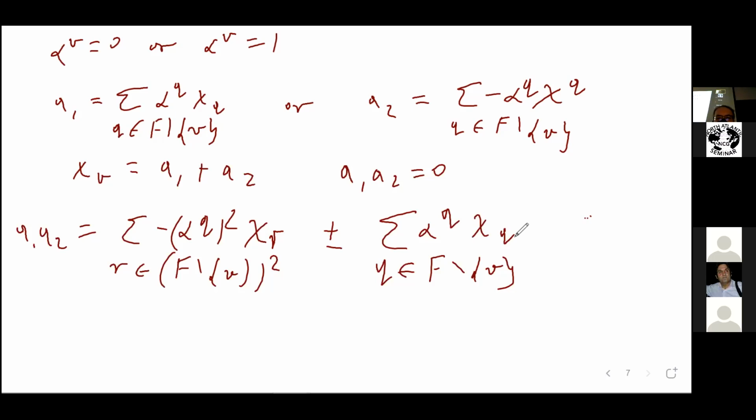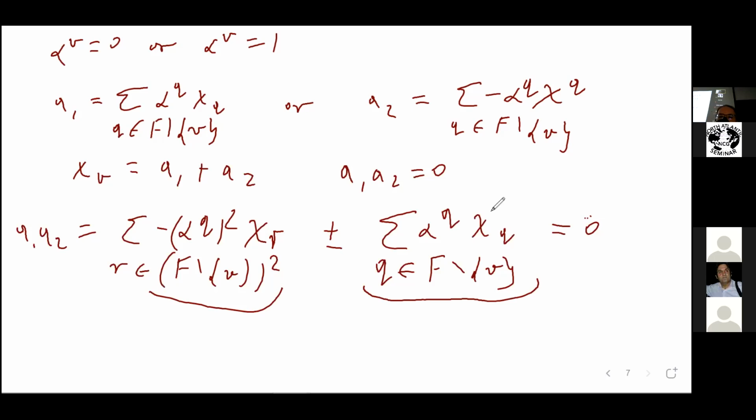And now this is 0. These guys are basis elements, and you see, if we would assume that here are some edges, right? Then in this set there are no edges.